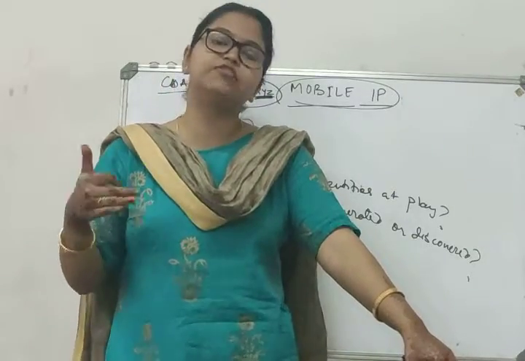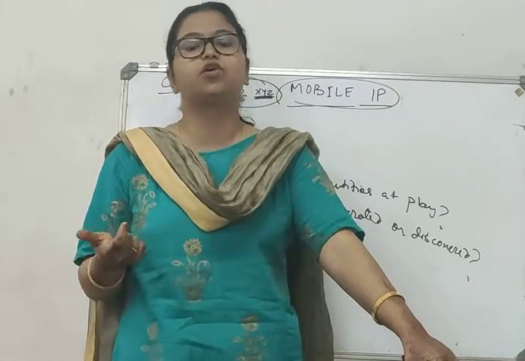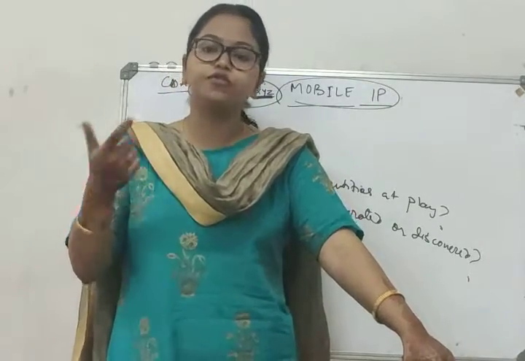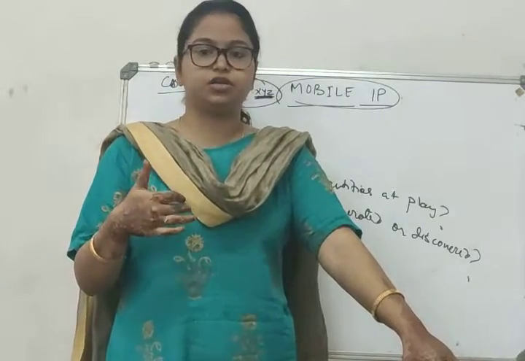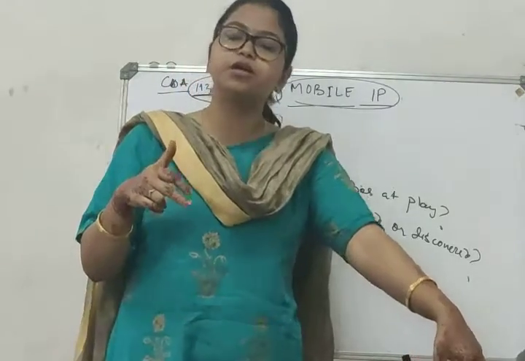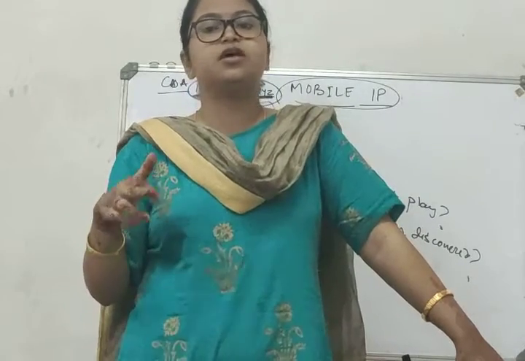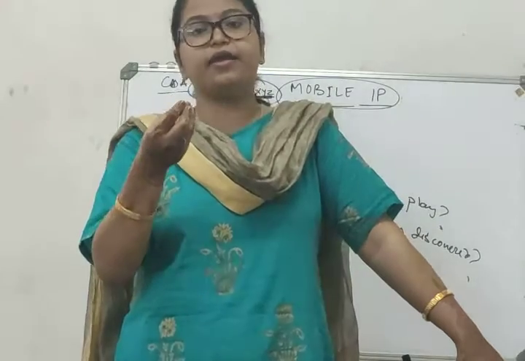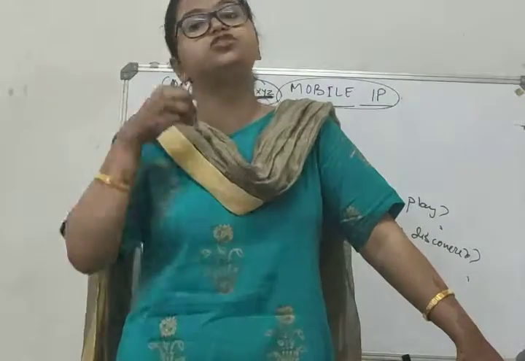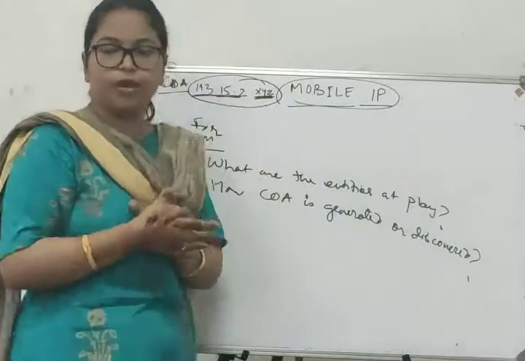So for that purpose, there is an additional address called the care of address, to which we can send and maintain communication. It is the responsibility of the home agent, or the home network, to reroute the packet to its current location if it is not present in its home location. So this was about mobile IP.